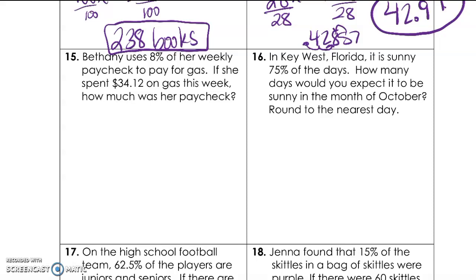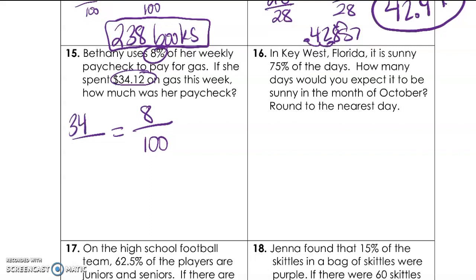Bethany uses 8% of her weekly paycheck to pay for gas. If she spent $34.12 on gas this week, how much was her paycheck? So right away I see the percent, so I'm going to put that over 100. So then we have to decide, is $34.12 her whole paycheck or just part of it? Well, it's only part of it. That's only what she spent on gas. So $34.12 would go here.